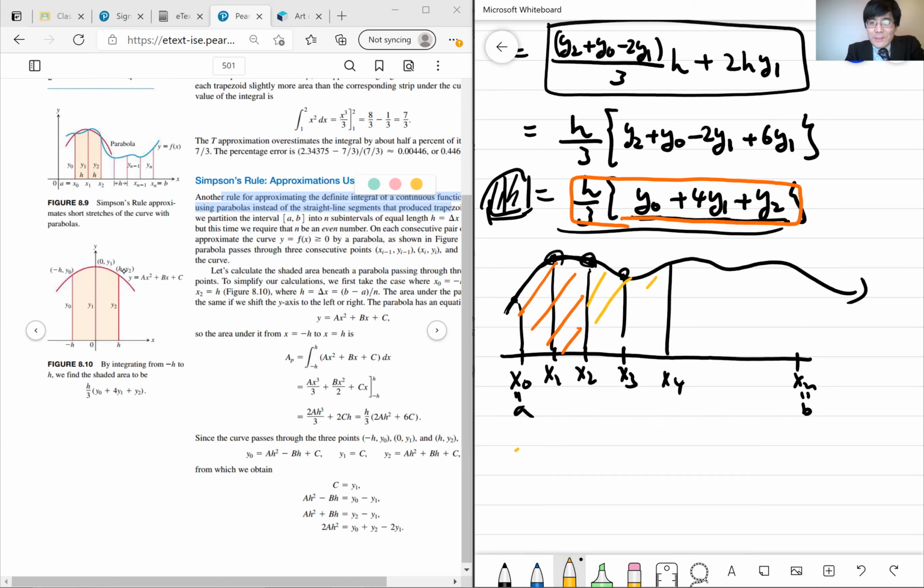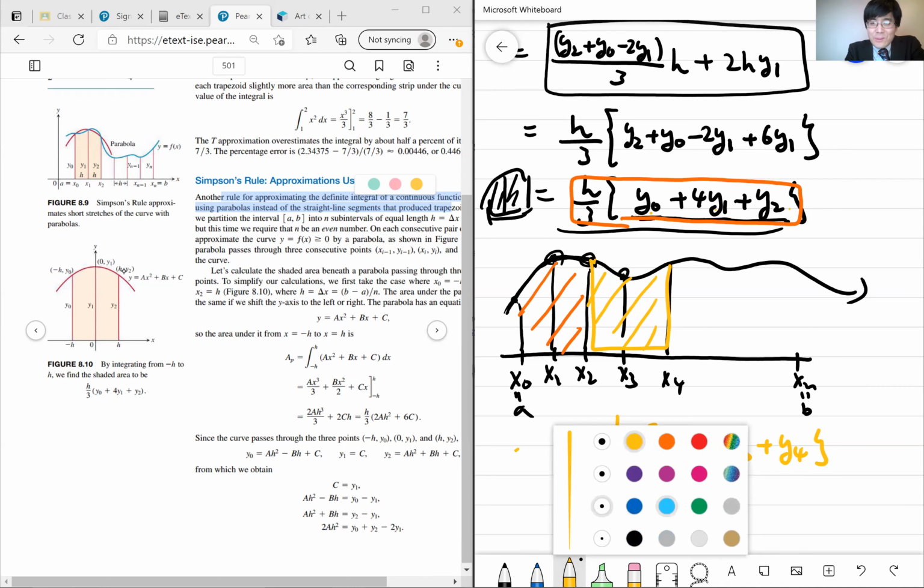For the next 2 subintervals, you should have the area of h over 3, and instead of y0, y1, y2, you should have y2 plus 4y3 plus y4, because you just started with different values.